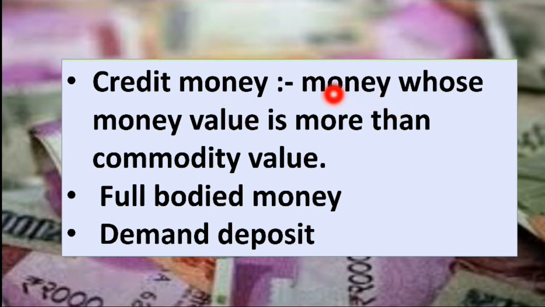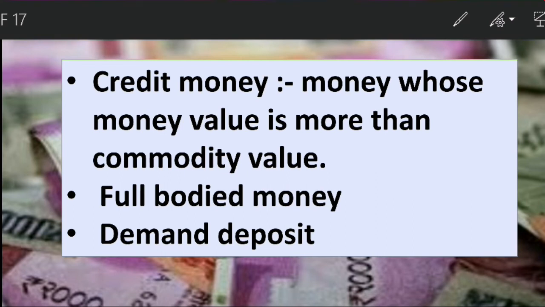printed on it, 1000 notes are not there now. Since rupees 2000 is printed on it, or rupees 100 is printed on it, that's why it possesses the value of rupees 2000 or rupees 100 respectively. So it is a credit money, right? That money whose money value is more, right?